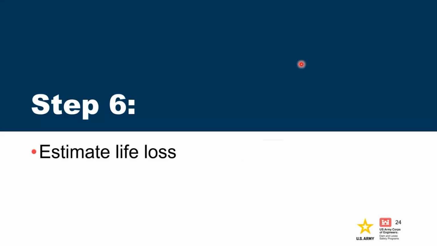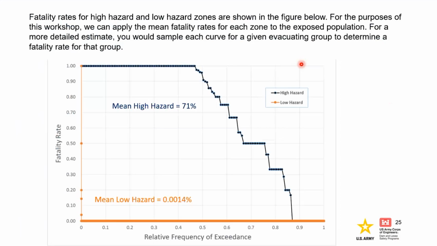All right, so we've gone through pretty much all the steps. The last thing is relatively simple, assuming you've got a calculator on you. Fatality rates for high hazard and low hazard are shown in the figure below. For the purposes of this workshop, we can apply the mean fatality rate for each zone to the exposed population. For a more detailed estimate, you would sample each curve for a given evacuating group to determine fatality rate.